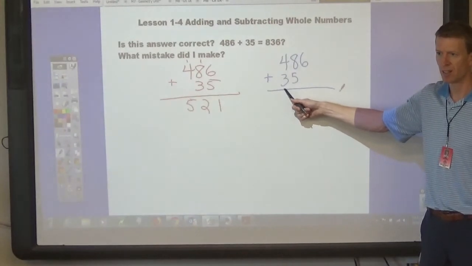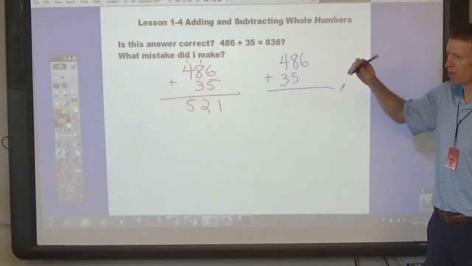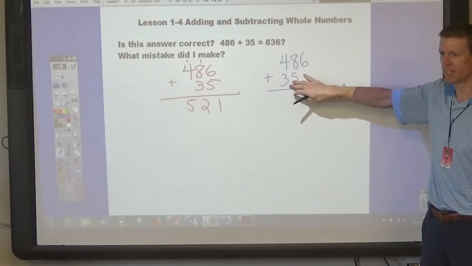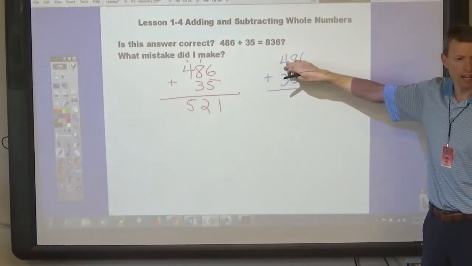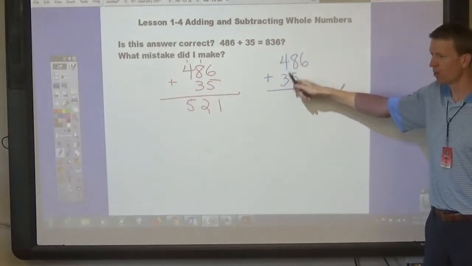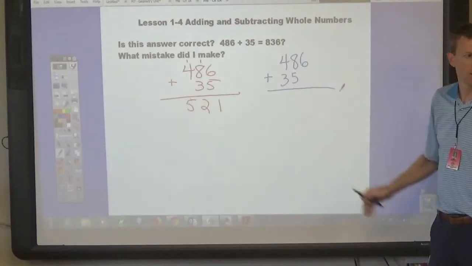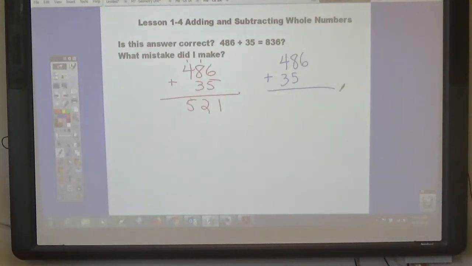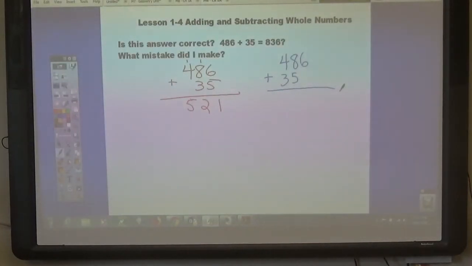No. You see, the most important thing when you are adding and subtracting is to make sure you line the numbers up correctly so that the values are in the right place. Colton, pay attention. You haven't written anything down. Yes, this is your notes for today.